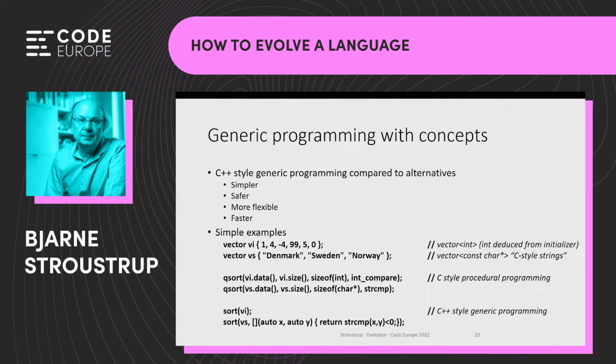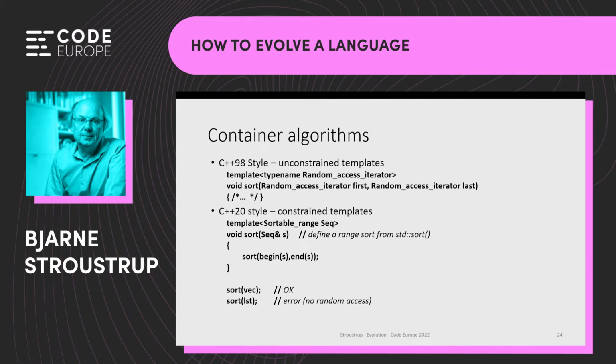Okay, so how do we do that? In the old style of templates that most of you, or at least a lot of you, will have seen, I say I need a type, which I call random access iterator, and then my function sort takes two of those: the beginning of the things that will be sorted, and the end of the things that will be sorted.